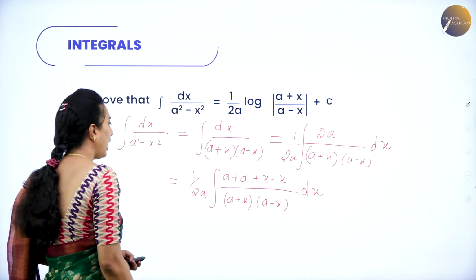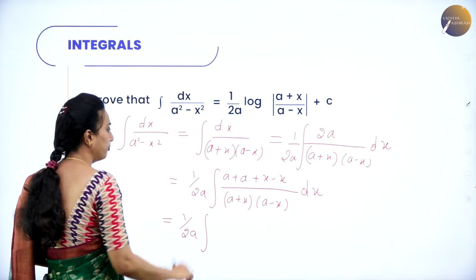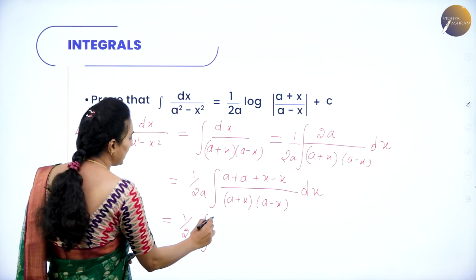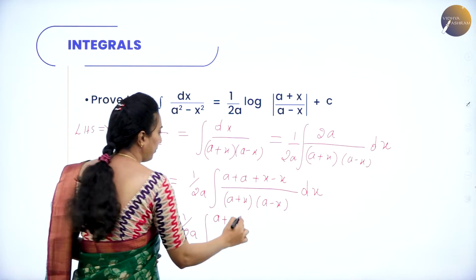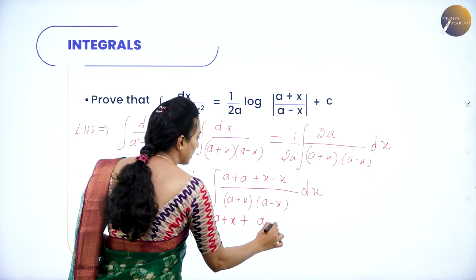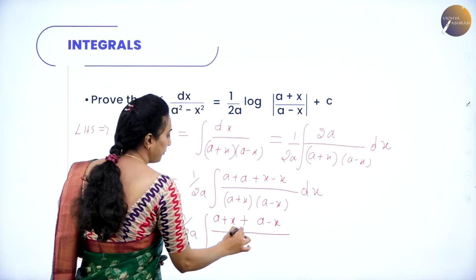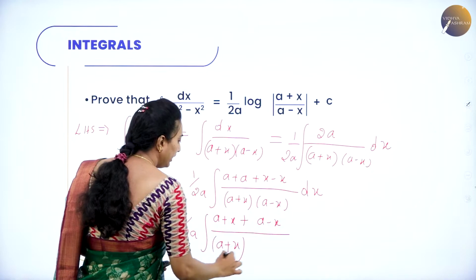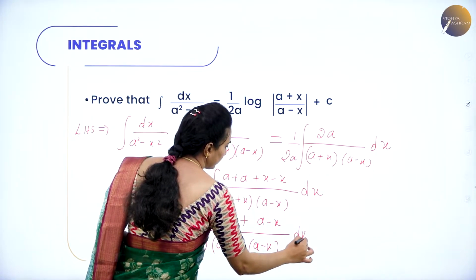Dears, again I am going to rearrange the numerator: the first term as a plus x, taking this a along with this x, and then plus a minus x, divided by a plus x into a minus x into dx.